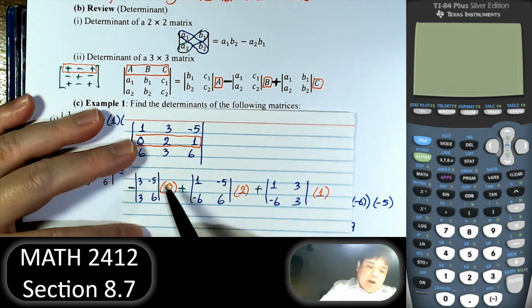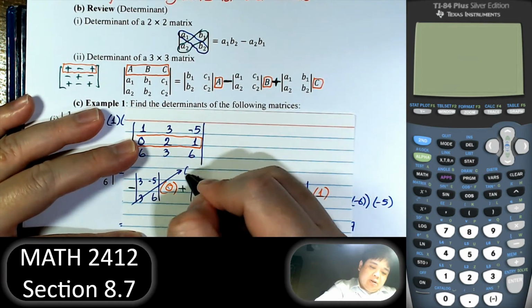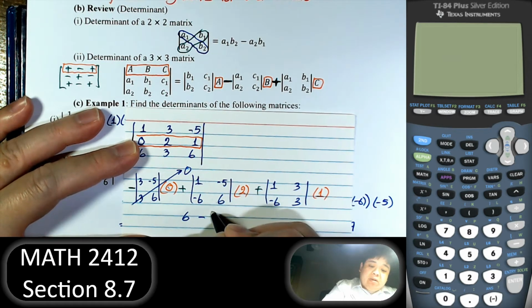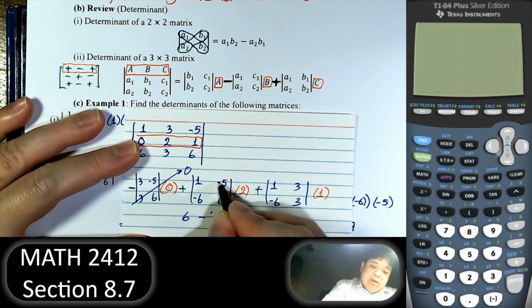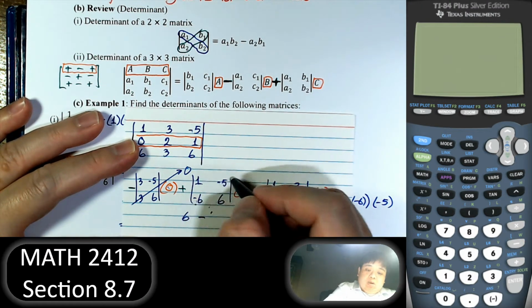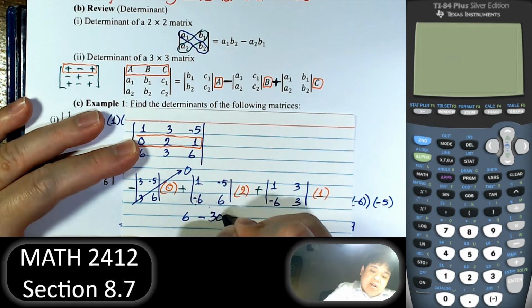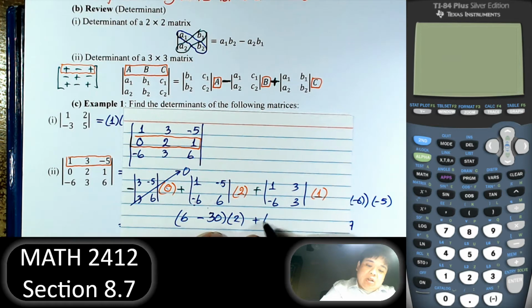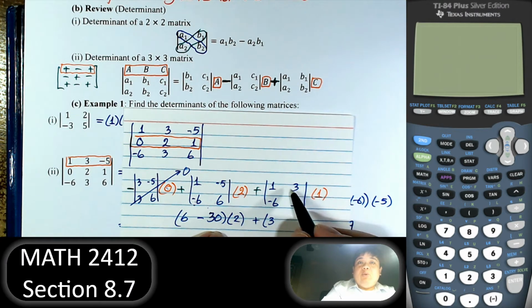To evaluate, anything times 0 is 0. 1 times 6 is 6, minus -5 times -6, which is plus. -5 times -6 is 30, but we subtract in that direction, times 2, plus 1 times 3 is 3, subtract the other direction, -6 times 3 is -18, subtract -18.